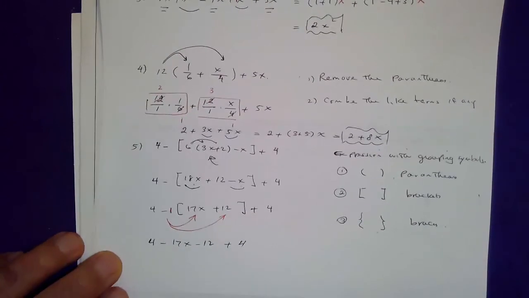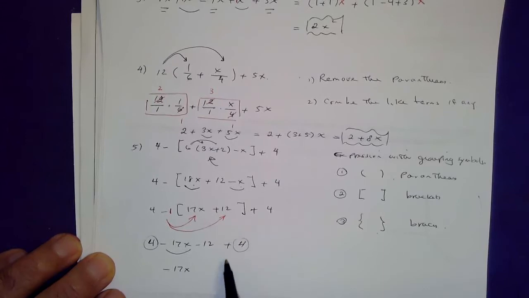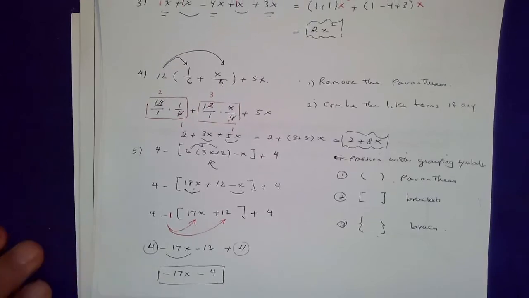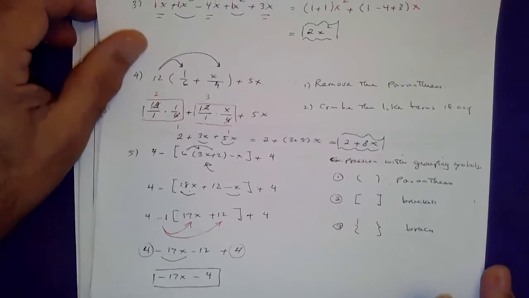Now look for like terms and combine. Well, this is one of a kind term. There is no other term with x in it, so that guy stays. I got 4 plus 4, which is 8. 8 minus 12, which is negative 4. Final answer. Do we all see it? Okay, so that's pretty much in a nutshell what combining like terms is.